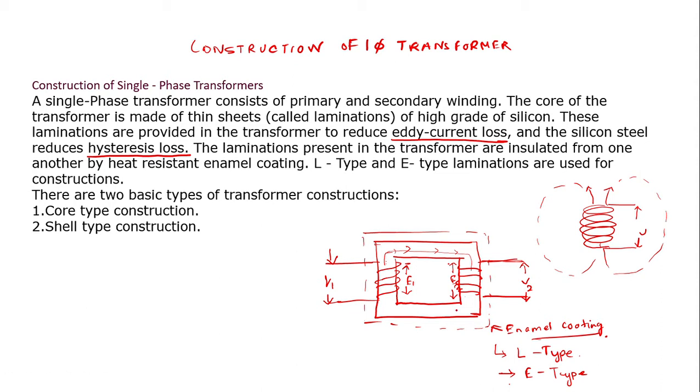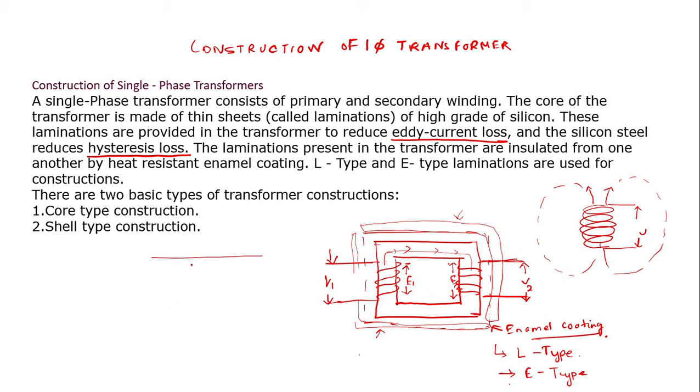If the lamination is in two parts, one is this part and another one is this part to cover the whole thing. Each section looks like an L, so these are called L-type laminations. And if the same thing happens in between the air gap also, so we don't need the air gap, or the air gap must be minimum.